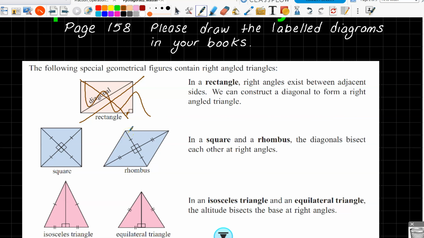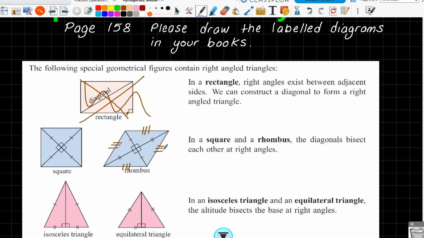Rhombus. Diagonals of a rhombus intersect at right angles. It's just a lopsided square. And this means this length is the same as this one, and this one is the same. There's actually, would you believe, a mark here, but they didn't want to put too many lines all over the place. So we should know that a rhombus is just a lopsided square.